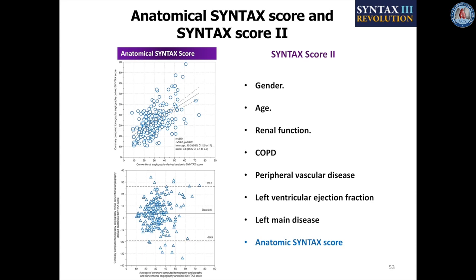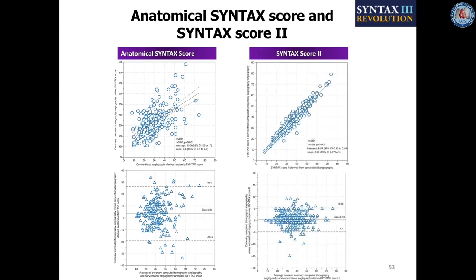if you introduce the components of the SYNTAX score 2, the gender, the age, the renal function, the COPD, the peripheral vascular disease, the left ventricular ejection fraction, and the presence of left main, as well as the anatomical SYNTAX score, then the relationship becomes quite spectacular, with a very high coefficient of correlation, with a slope close to 1 and basically no intercept.